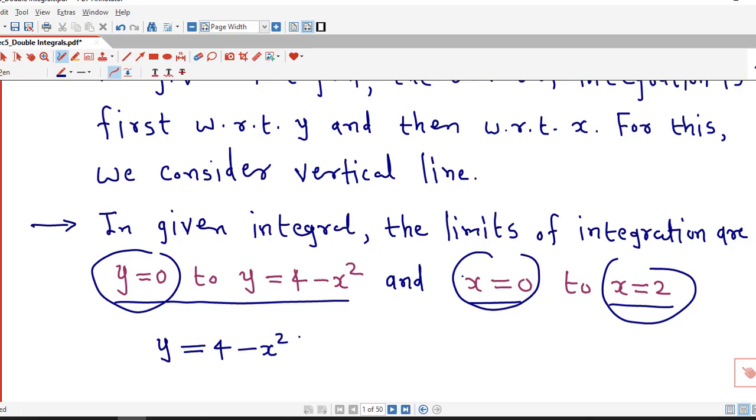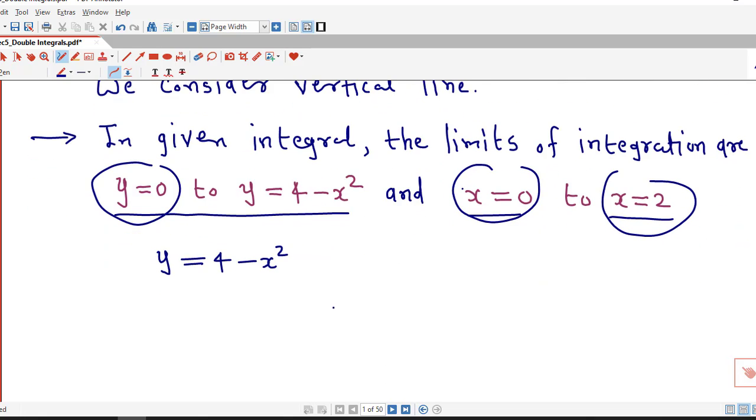So we first decide what is the vertex of this parabola. For that we can rewrite this as y minus 4 equal to minus x square.